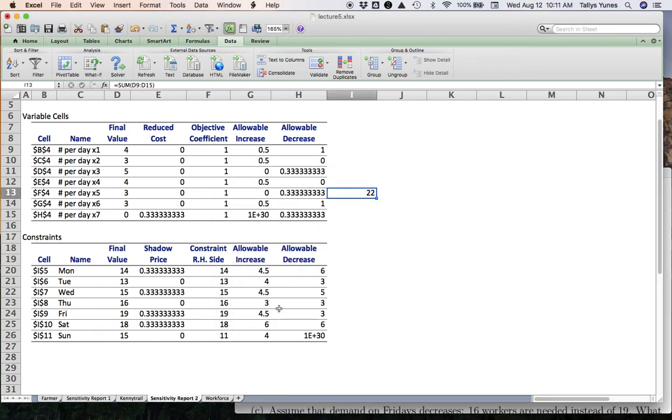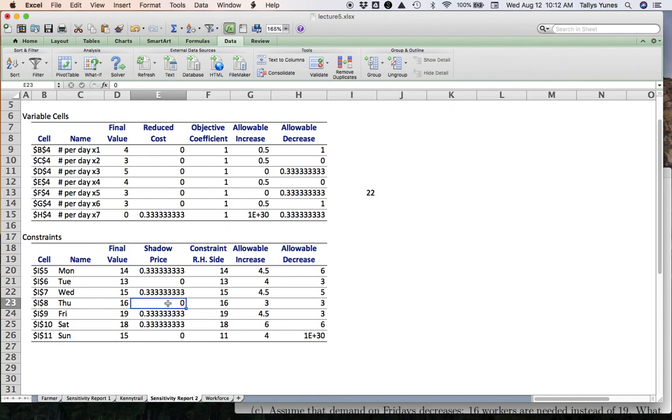So if I were to increase this number here from 16 to 18, how would that affect the current optimal value, which is 22? Well, we'll look at the allowable increase because we're considering an increase. The allowable is 3. That means that we can use the shadow price of this constraint to calculate the result of the change.